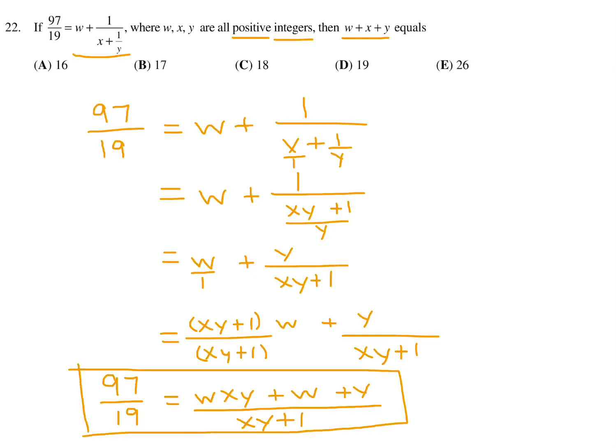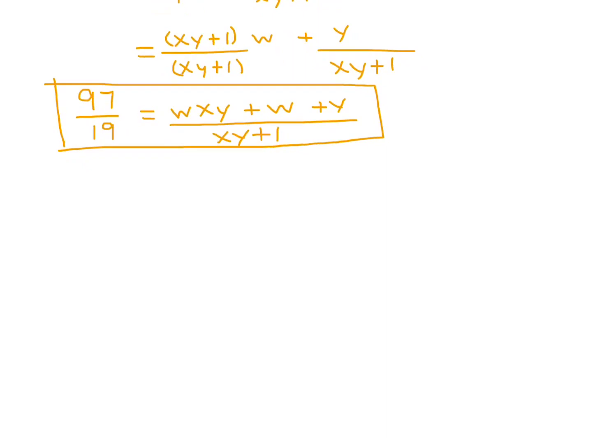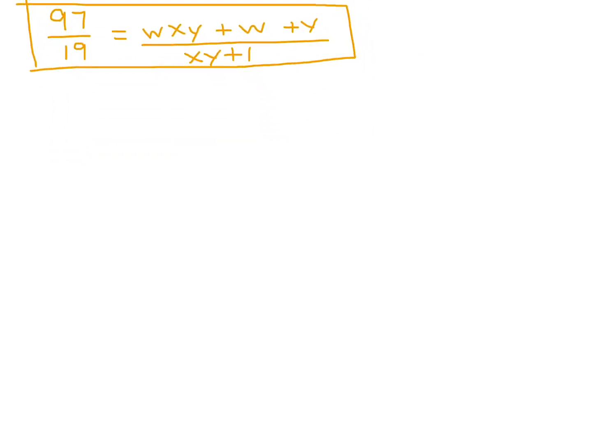So this is what we simplified to. Now, does this help us in any way? Well, 19, if you look at the bottom part, the denominator, is xy plus 1. So therefore, xy is equal to 18.